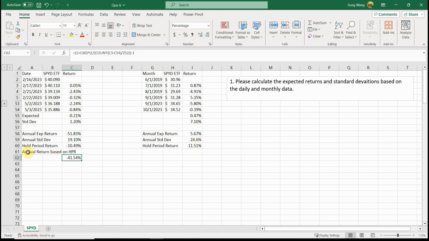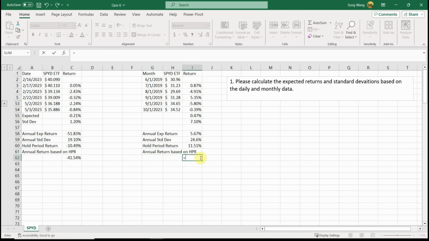To get the same thing with the monthly return, again I'm going to use 1 plus the holding period return. The holding period return by itself is the ending price divided by the earlier price minus 1, so if I add 1, it automatically cancels the -1.